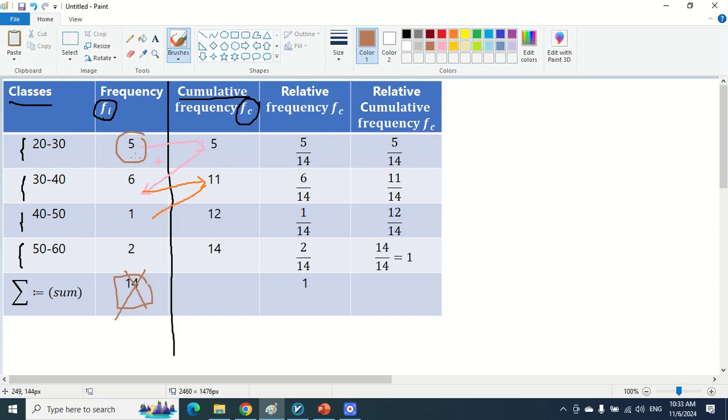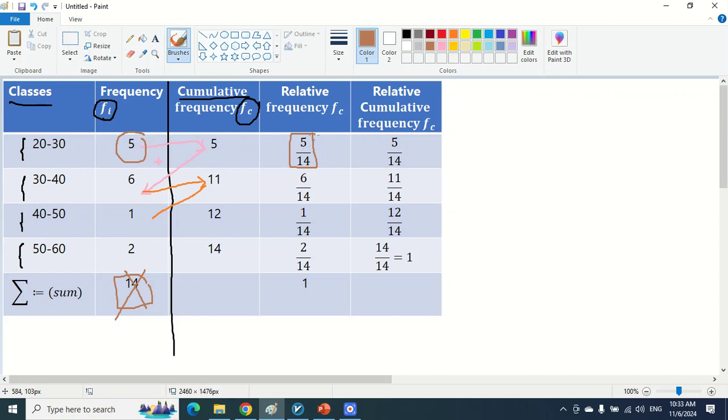We just know that the first frequency is 5, the second frequency is 6, and so on. But we don't get any information about the entire space. But when we have a relative frequency 5 over 14, we have some idea about the whole space as well. It means that the frequency of that class over 14, the total or the entire frequency, gives us two pieces of information.